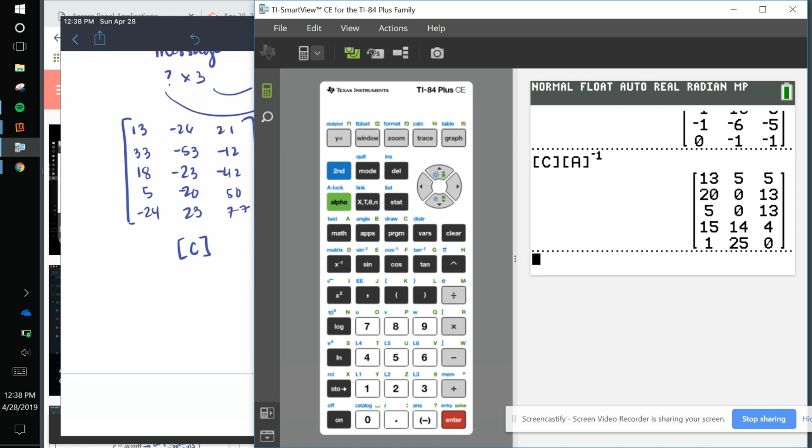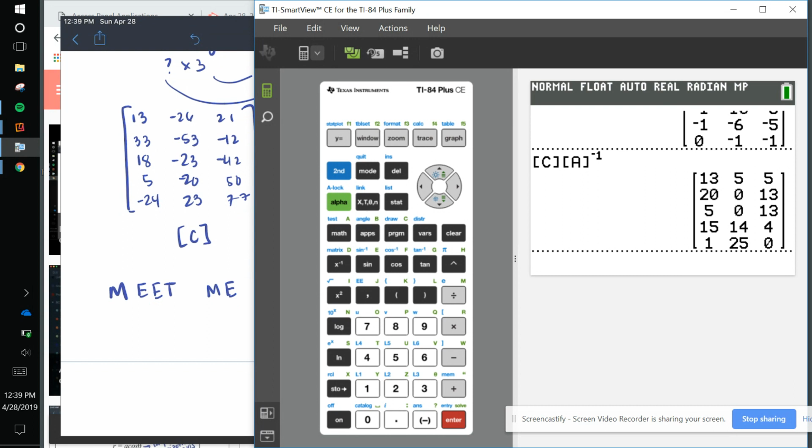I know that 13 is an M, 5 is an E, 5 is an E, T is 20, 0 is a space, 13 is an M, E is a 5, space, 13 is M again, 15 is an O, 14 is an N, 4 is a D, 1 is an A, 25 is a Y, and then a space.